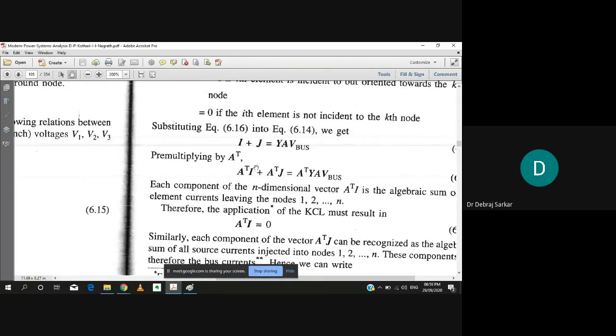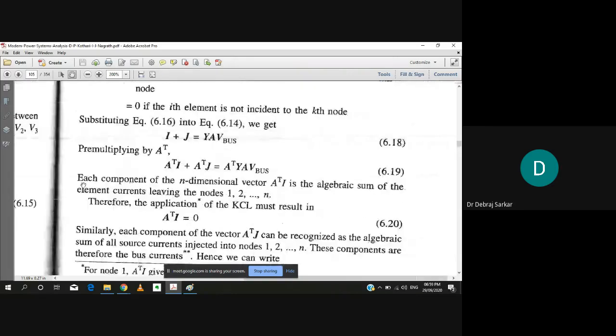So you have A transpose into I, A transpose into J, and A transpose into Y A V bus. Now here they said that each component of the n-dimensional vector A transpose I is the algebraic sum of the element currents leaving the nodes.